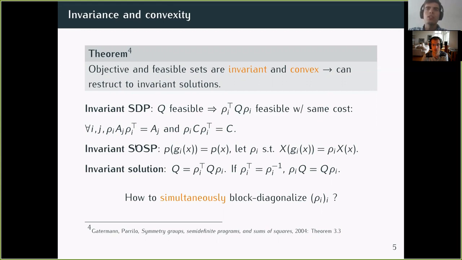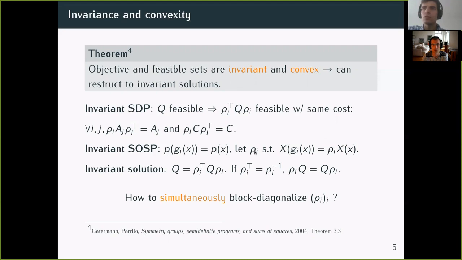If this SDP comes from a sum of squares program, suppose that the polynomial for which you're looking for a sum of squares decomposition is invariant under the action of some functions g_i that act on your variables. If you take the mapping of the variables with g_i, the polynomial doesn't change.